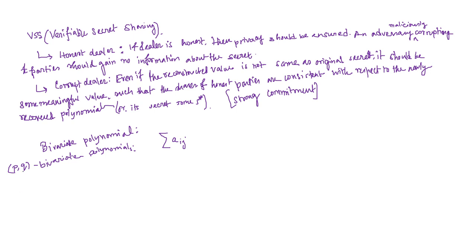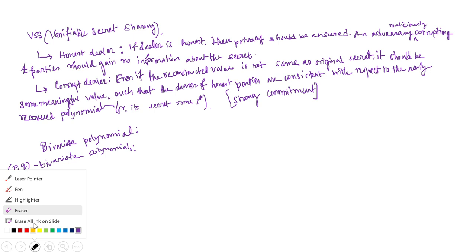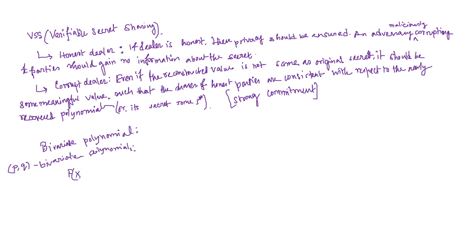So in case of a p q bivariate polynomial, we write the polynomial as f(x, y), with terms a_ij x to the power i y to the power j.